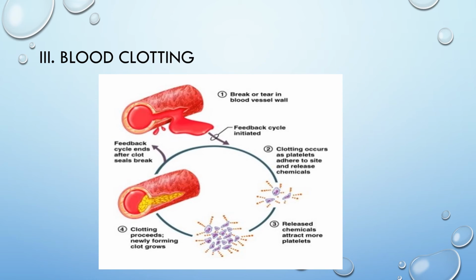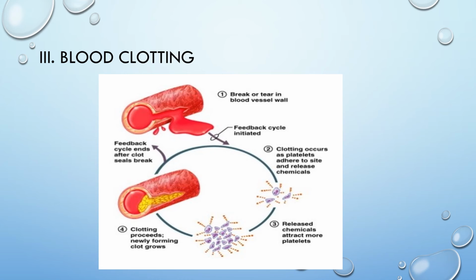Third example is what happens during the blood clotting mechanism. For example, if there's a break or tear in the blood vessel wall, it will start to initiate the blood clotting mechanism, where platelets will be released and bind to the tear or damaged site, and it will stimulate a release of chemicals.